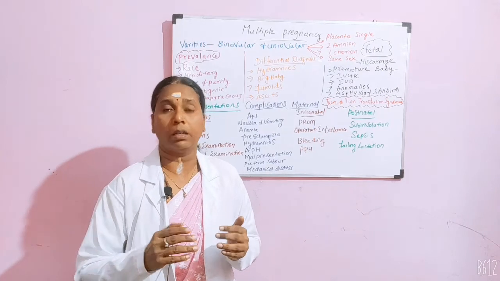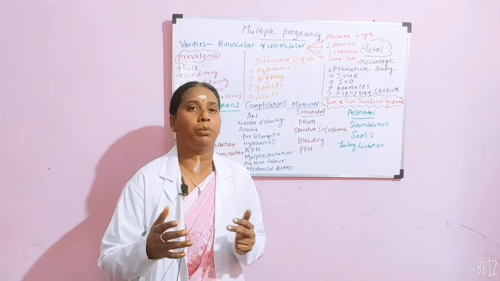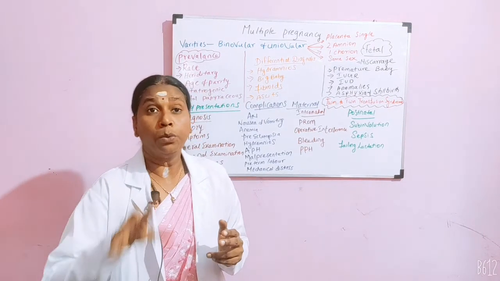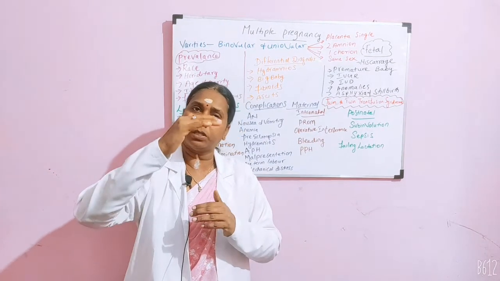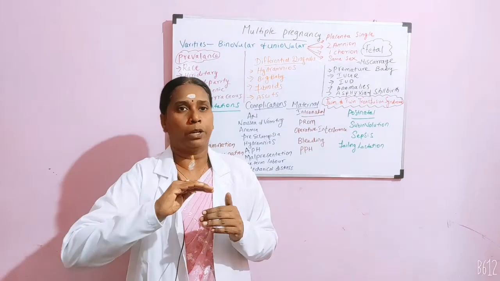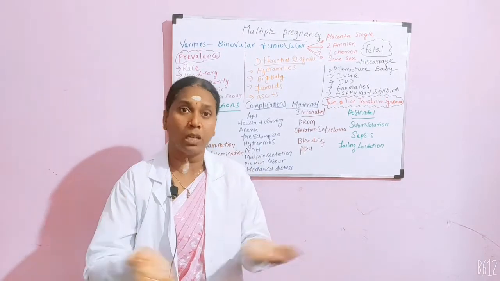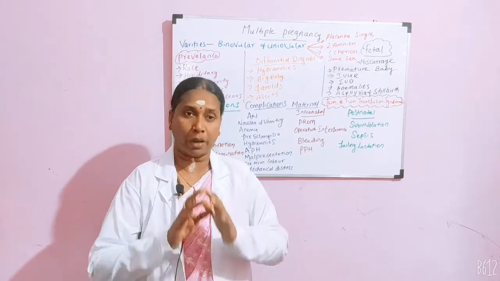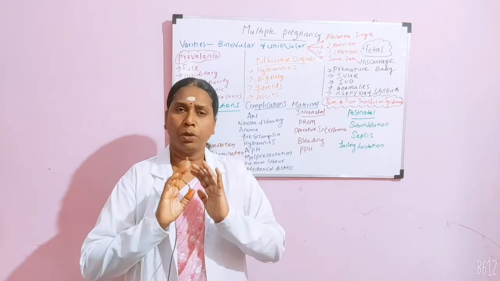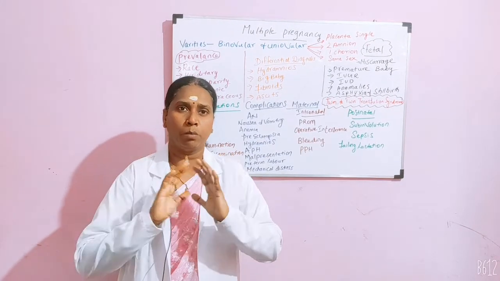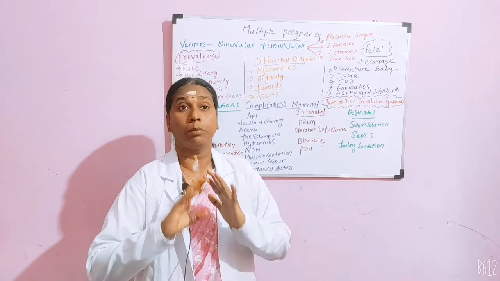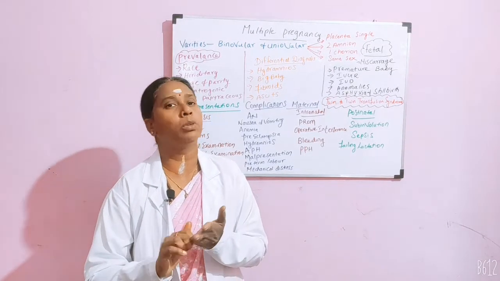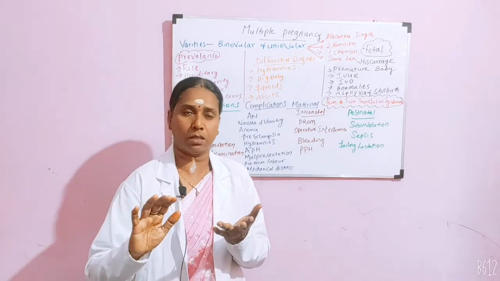Then on palpation, you will see the height of the uterus is above the expected age, the abdominal girth is more, and the abdomen is more globular, more barrel shaped. The abdominal girth becomes more than expected for the gestational age.